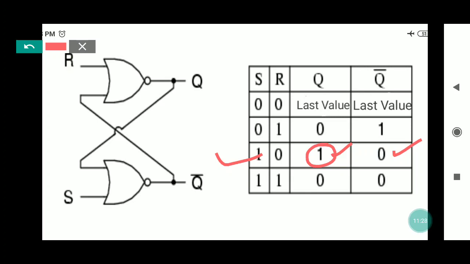The fourth condition, or fourth case, has both outputs the same, which is not possible because the outputs are complementary and complementary values cannot be the same. So the fourth condition in this gate is the invalid or forbidden condition.